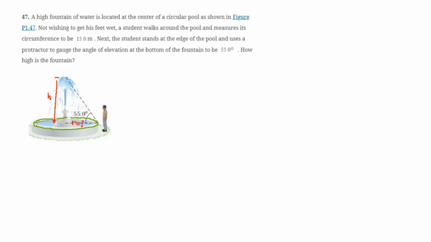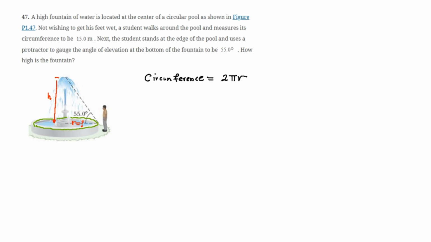So circumference is equal to 2 pi r. Always, the circumference is equal to 2 pi r. So if I know the circumference, I can calculate the radius.